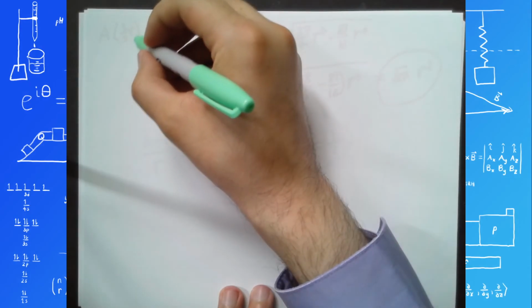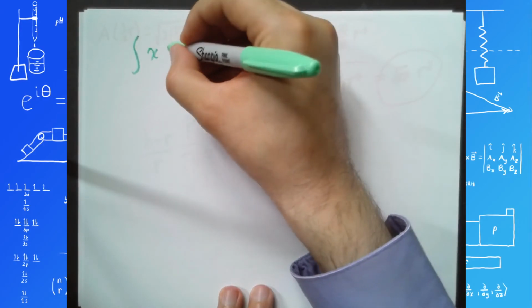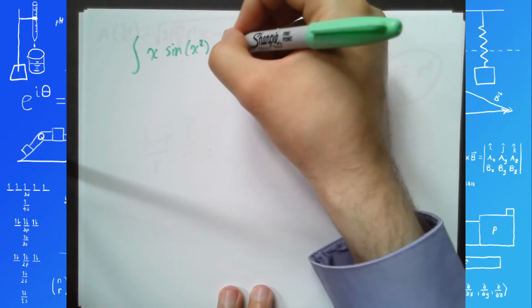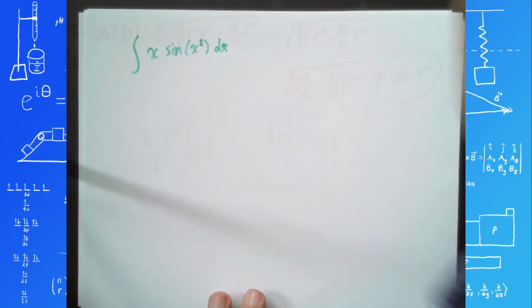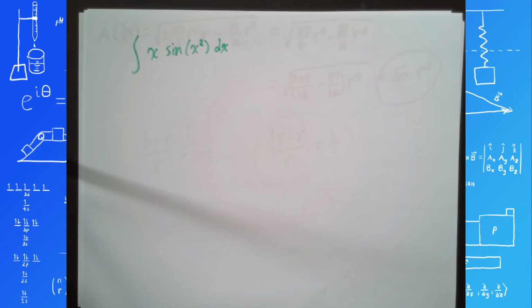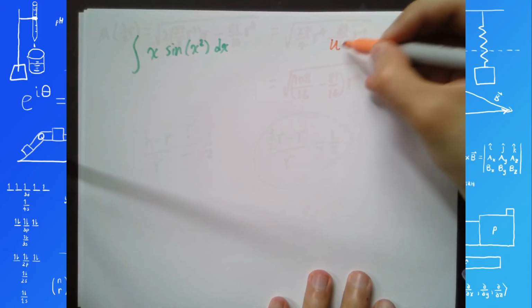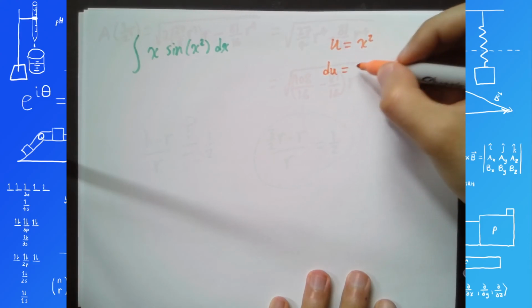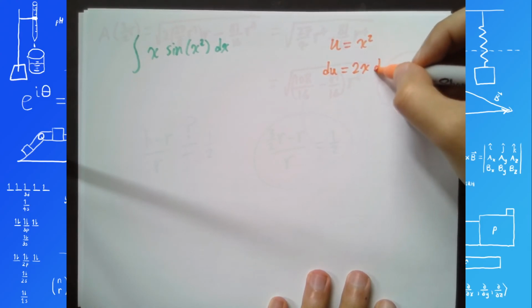So, integral of x times sine of x squared. Alright, best choice for u in this case would have to be x squared. u equals x squared, meaning du equals 2x dx.